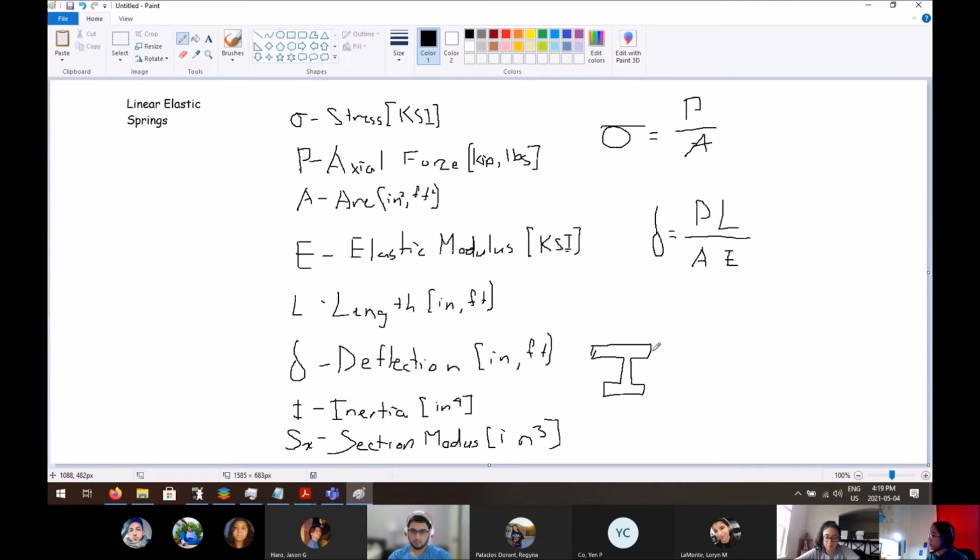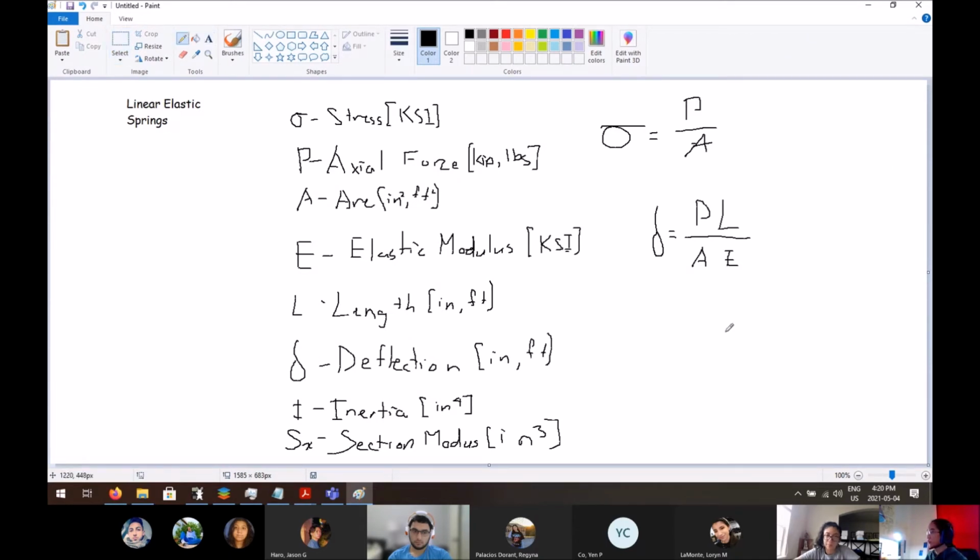If you had a steel beam with a cross section of this shape, and a wood beam with the exact same shape, they would have the same inertia and the same section modulus.